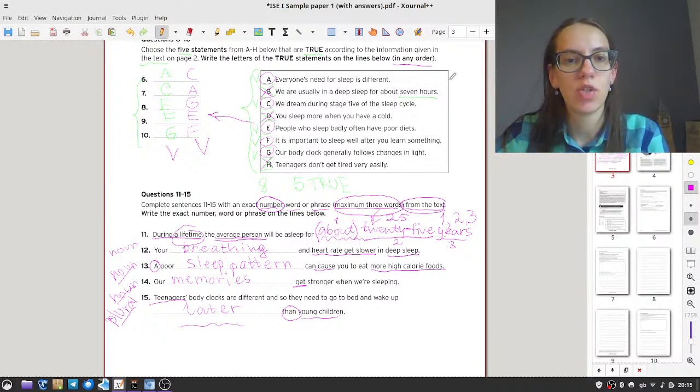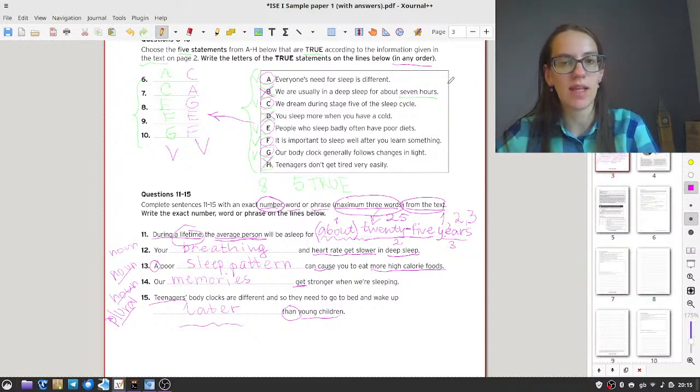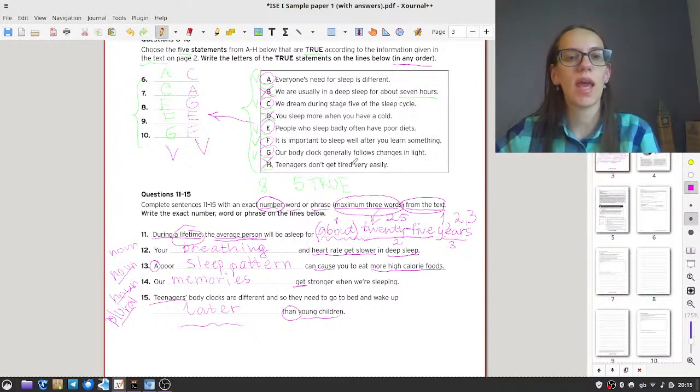So you need to complete it with words from the text. You can't just put whatever words you want. You have to find some words you have in the text that work here, that make sense. And they need to make sense, remember, in 2 ways. The content needs to make sense.